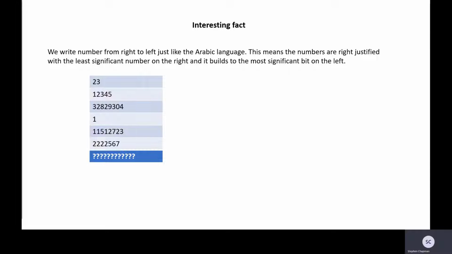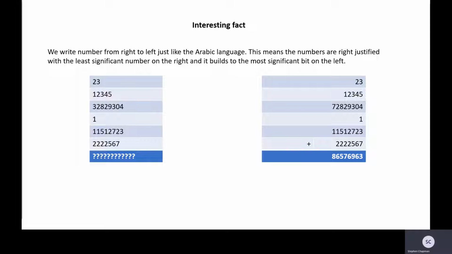We start from the lowest to the highest, and we also need to have it against the right-hand margin so that all the numbers are underneath each other, then we can count them. So we count from the right-hand side to the left-hand side. So if you're ever going to write software, remember that you need to justify it to the right-hand side and grow it to the left-hand side.